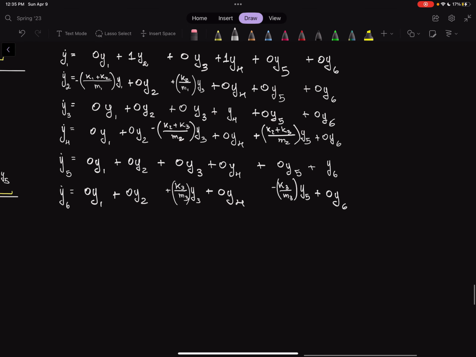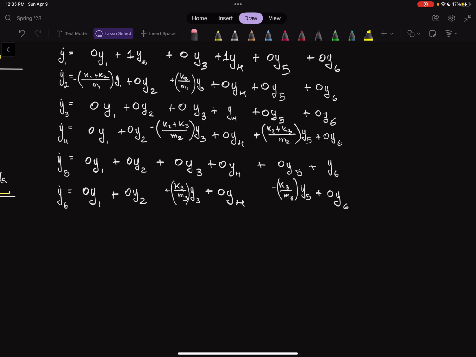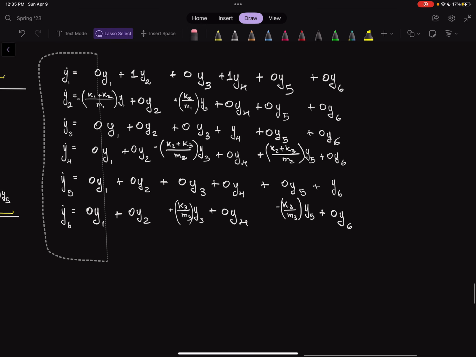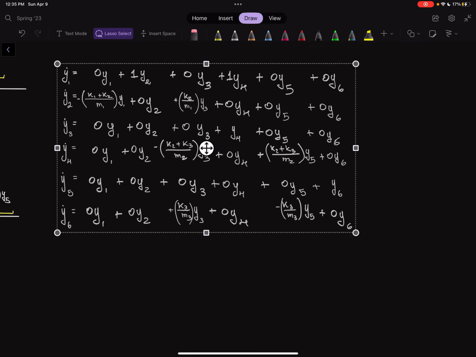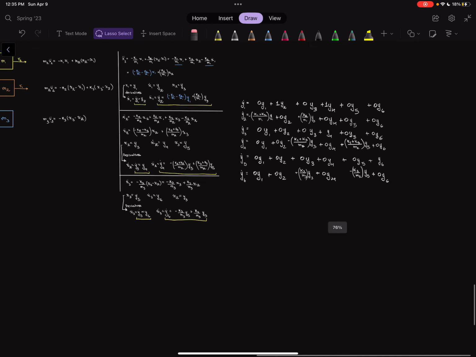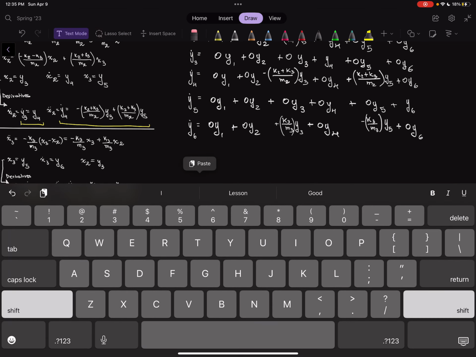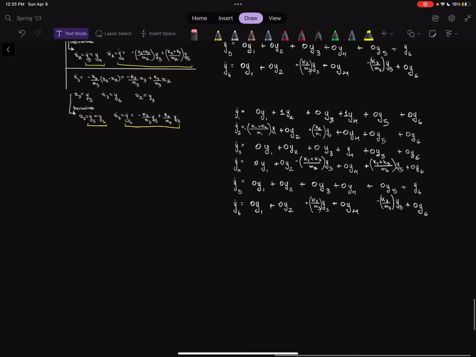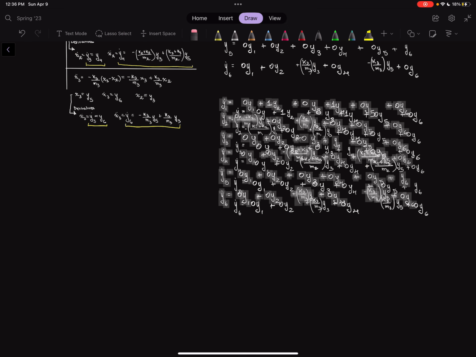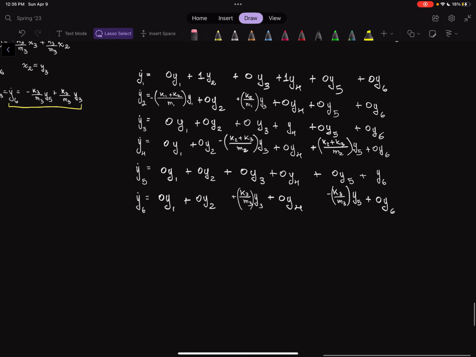So now from this, we can actually write it in matrix form. So I'm just going to copy this and paste it over here. And now I'm just going to erase these and the signs if they're positive.